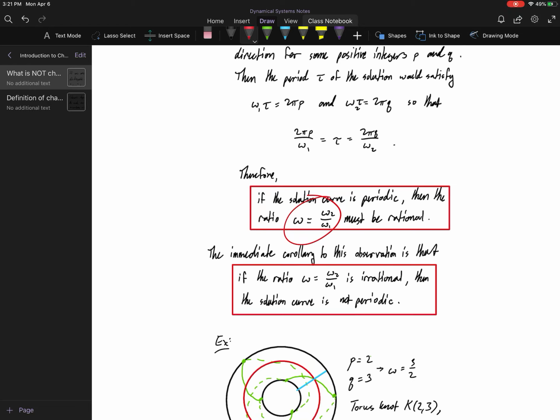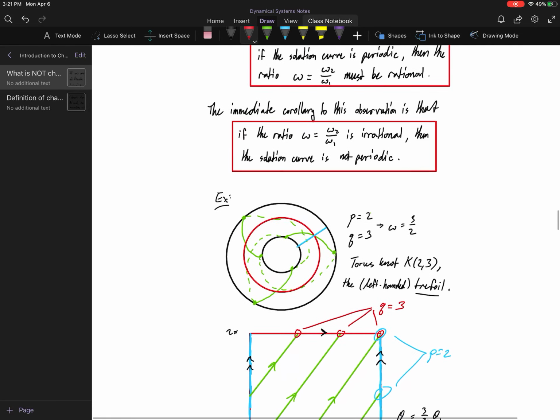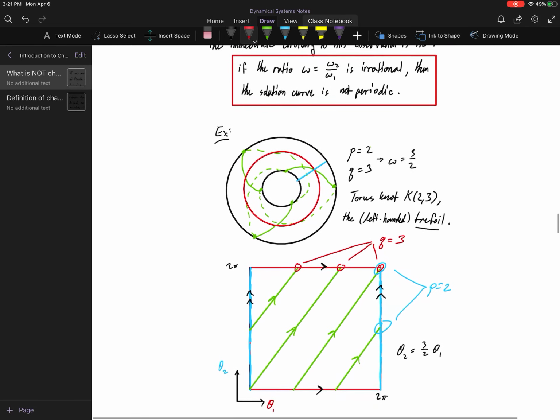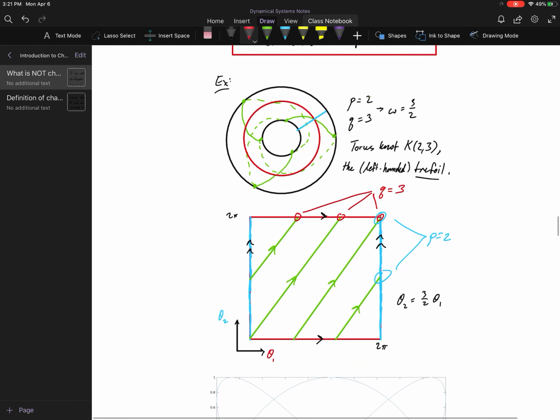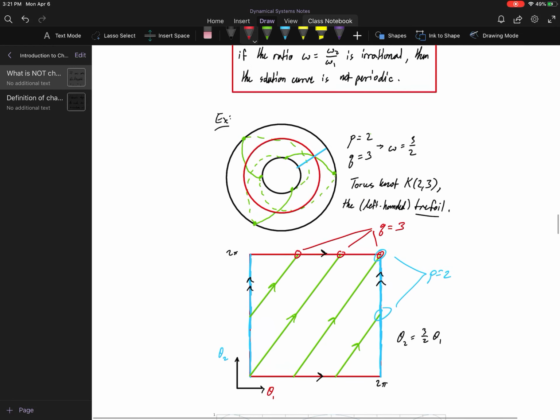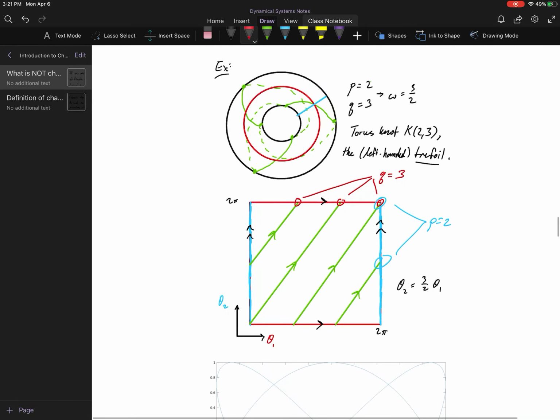So immediately there's a corollary here that if that ratio is not rational, then the solution curve cannot be periodic. That might be a little bit surprising, or maybe not surprising, but just to see what this looks like when I have a rational slope, I wind up with what are called torus knots as my solutions.